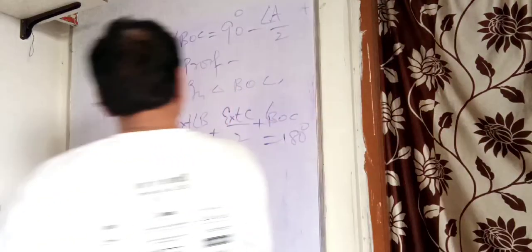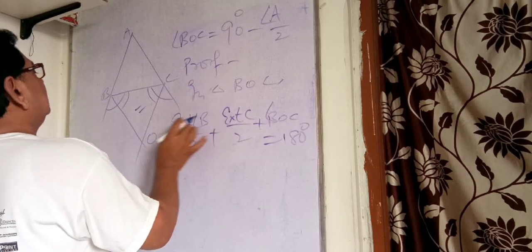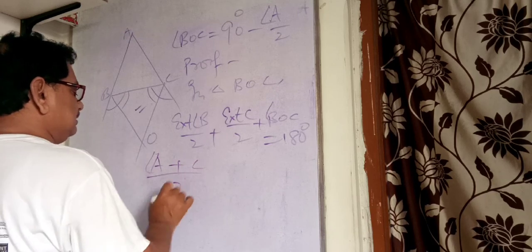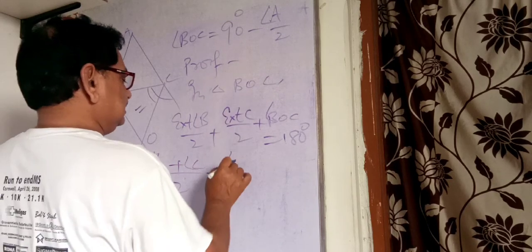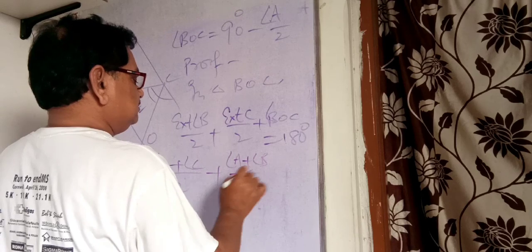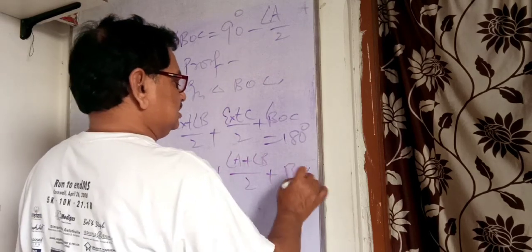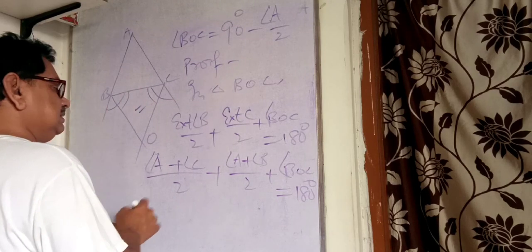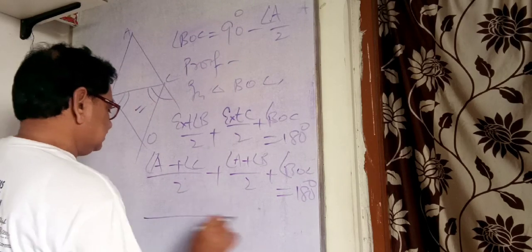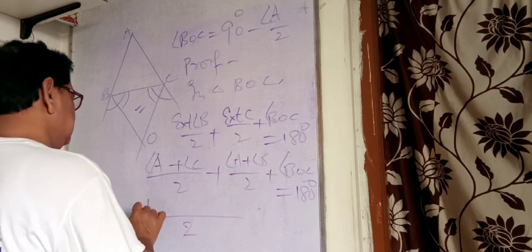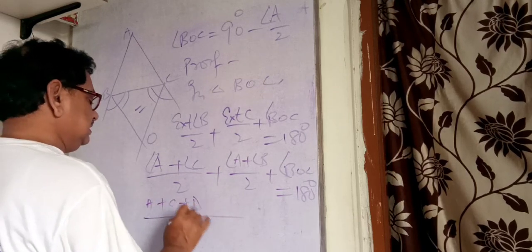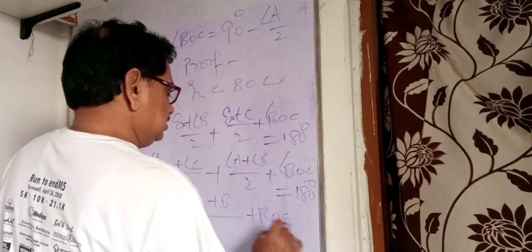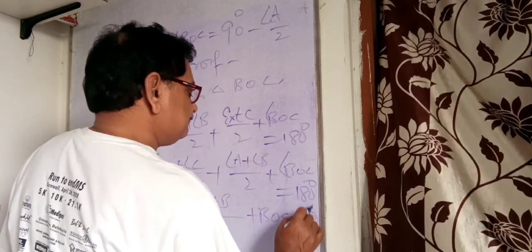So we will replace exterior angle B by (A plus C) by 2, and here similarly (A plus B) by 2, and BOC will be at its place, 180 degrees. If we calculate this, we will get the LCM 2A plus B plus C, by 2, plus BOC equal to 180 degrees.